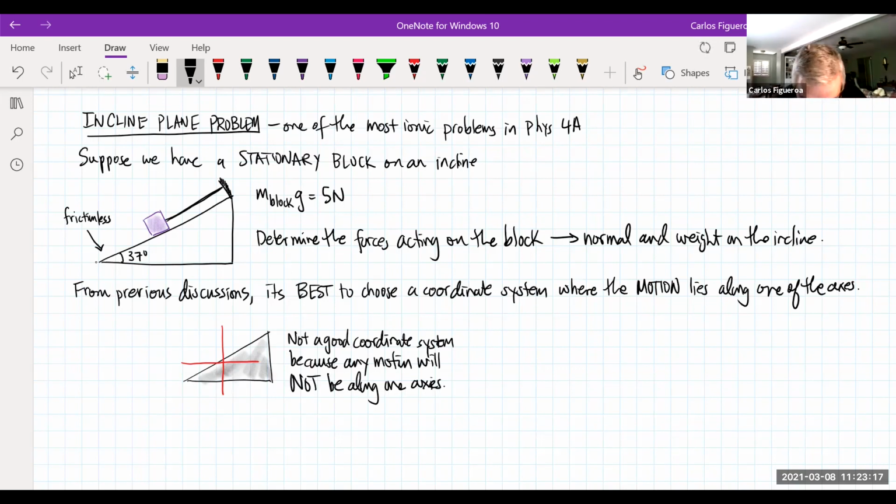A better choice of coordinate system would be to choose it in such a way where you do have motion along one of the axes. So in this case, this becomes the better choice.